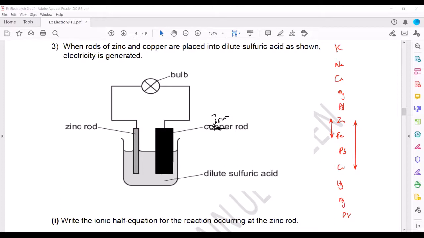The voltage produced depends on the difference in reactivity. A greater difference means more voltage. Yeah, that's right, it will be dim. Zinc and copper will give more voltage and be bright, but with zinc and iron there is a small difference, so it will produce less voltage, that is dim.